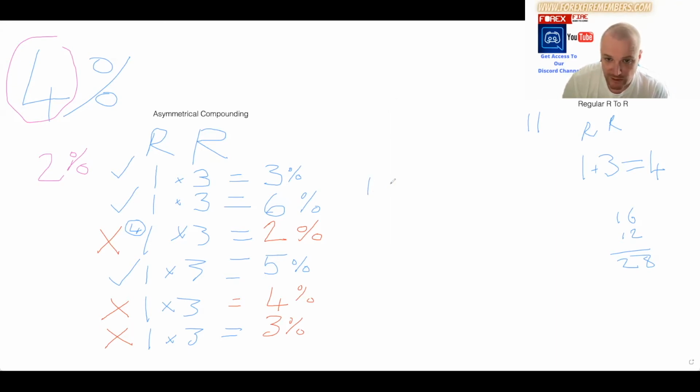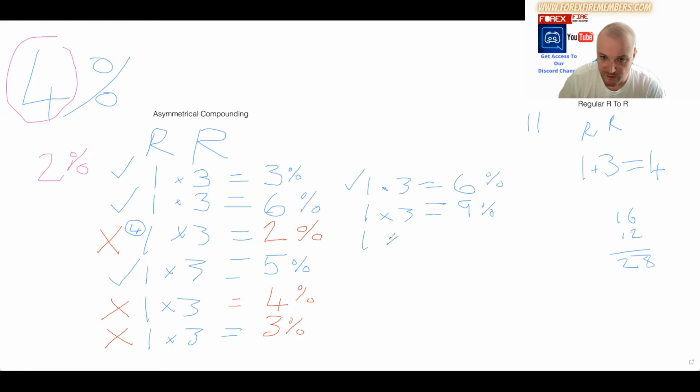Let's say then you're going into your trades. You hit this, 1 to 3. That takes you back to 6%. You hit your next trade, that's taking you to 9%. You then have this calculation to do.